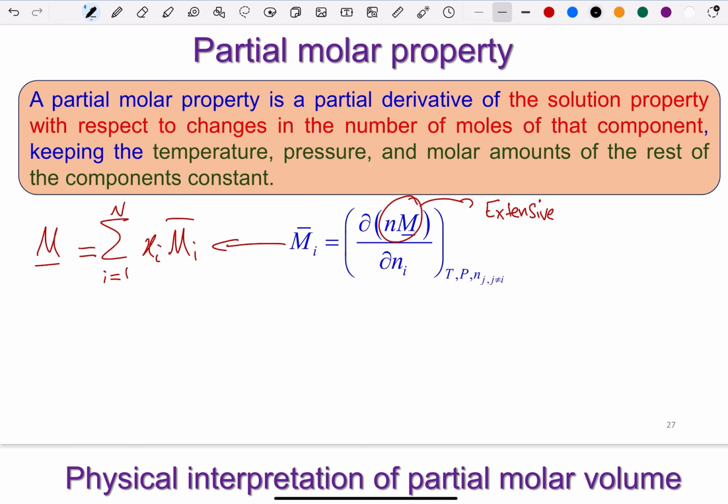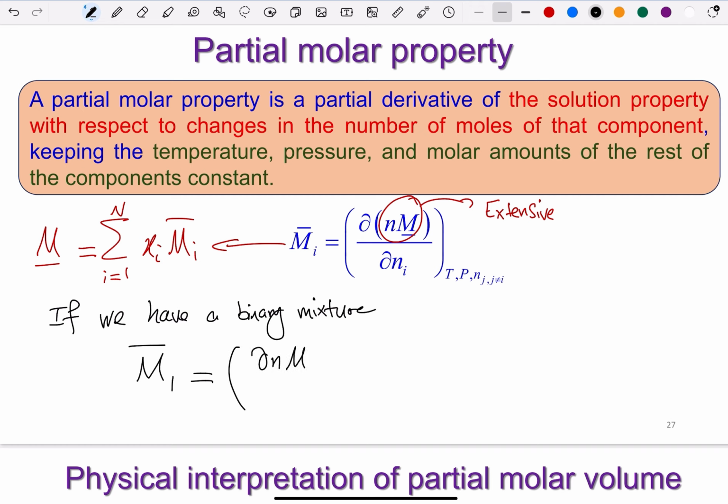If I have a binary mixture, I will have two partial molar properties. The first one is the derivative with respect to N1 that gives me M1 bar.